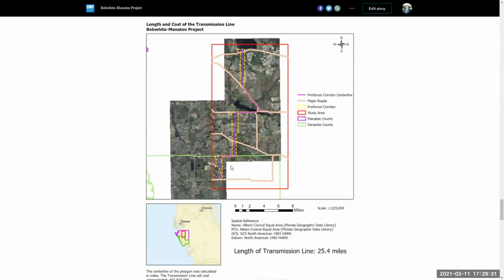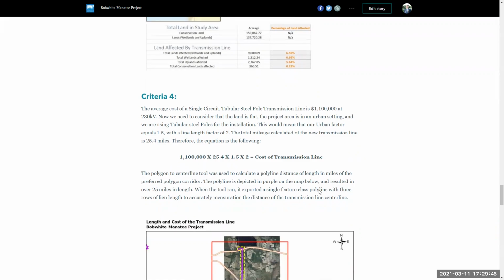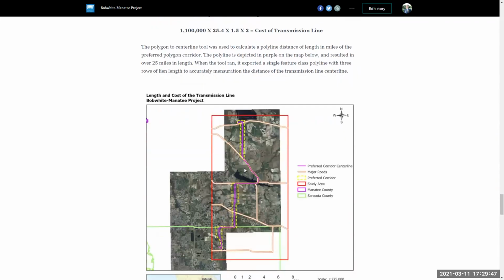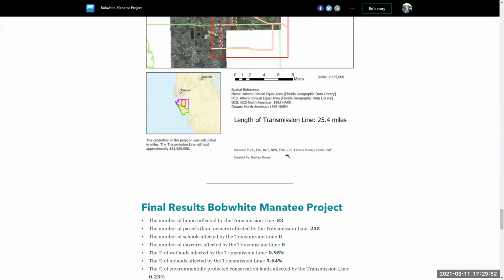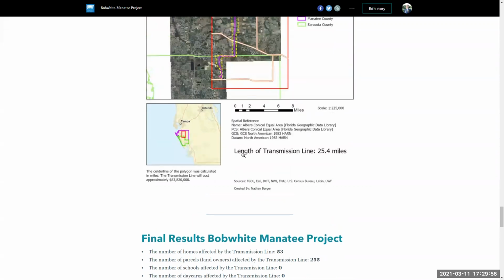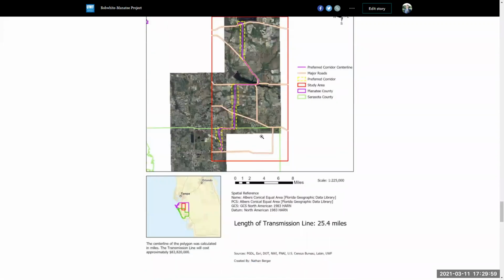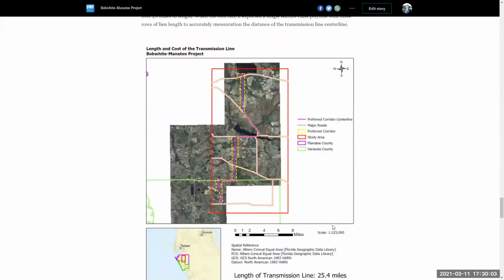And then we have our 1.5 for our urban factor, because the transmission line is flat land and we're covering urban terrain, with a line length factor of 2 exceeding 20 miles to get our cost of transmission line. So the actual total cost is $83,820,000. The policymakers now can understand the scope of the expense of this project, and the engineering firm understands what they need to put in to make this happen.